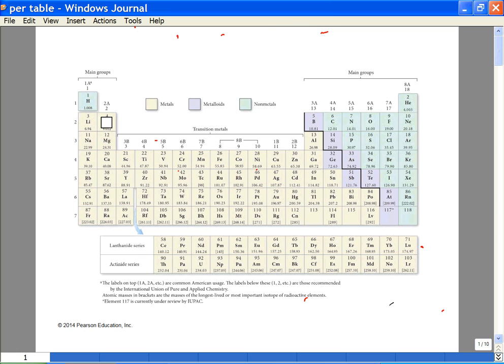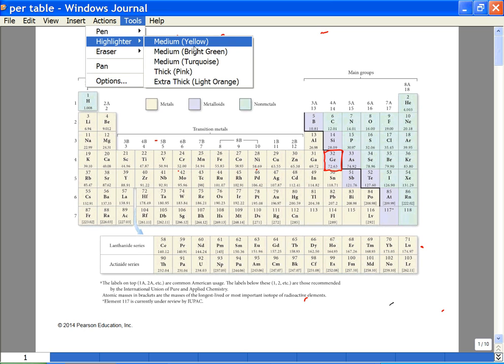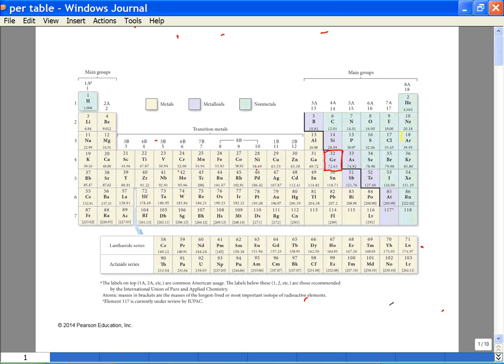Okay, the next one is germanium. Germanium on the periodic table is located right here. The first thing we do is look at the preceding noble gas, and that is argon.